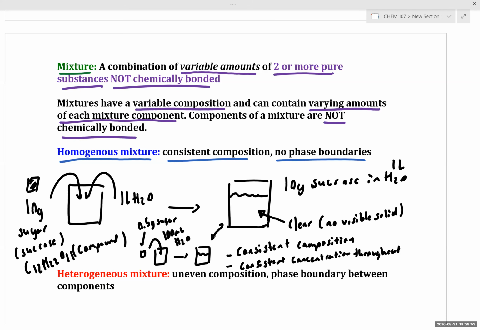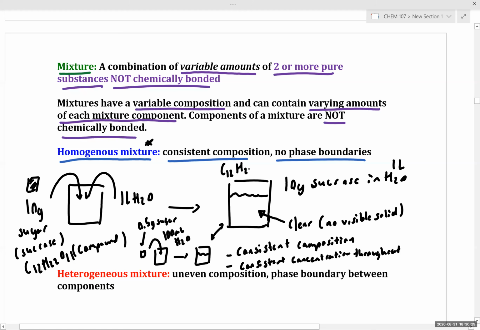Perfect. And another thing to keep in mind, there is no bond, no covalent bond or ionic bond between the sugar and water. It's just two pure substances that have been mixed. They're in proximity to each other, but they are not bonded. So one symbol that you'll need to remember for homogeneous mixtures is the aqueous symbol.